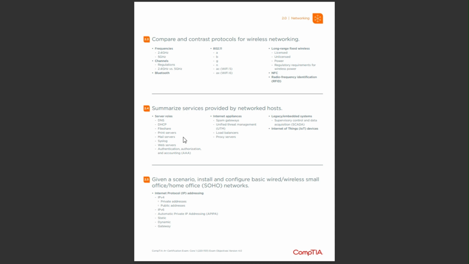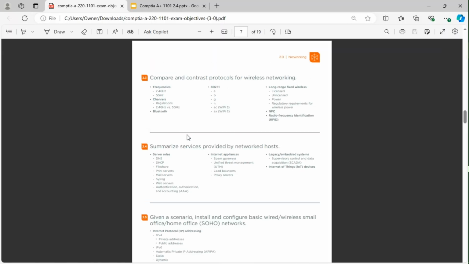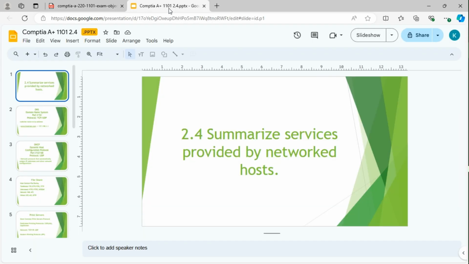And as technicians, we need to be able to diagnose those problems if they arise, or implement our knowledge to make sure that everything is working the way it's supposed to with regards to information technology. So nonetheless, we're going to focus on 2.4, and let's get to the presentation here.